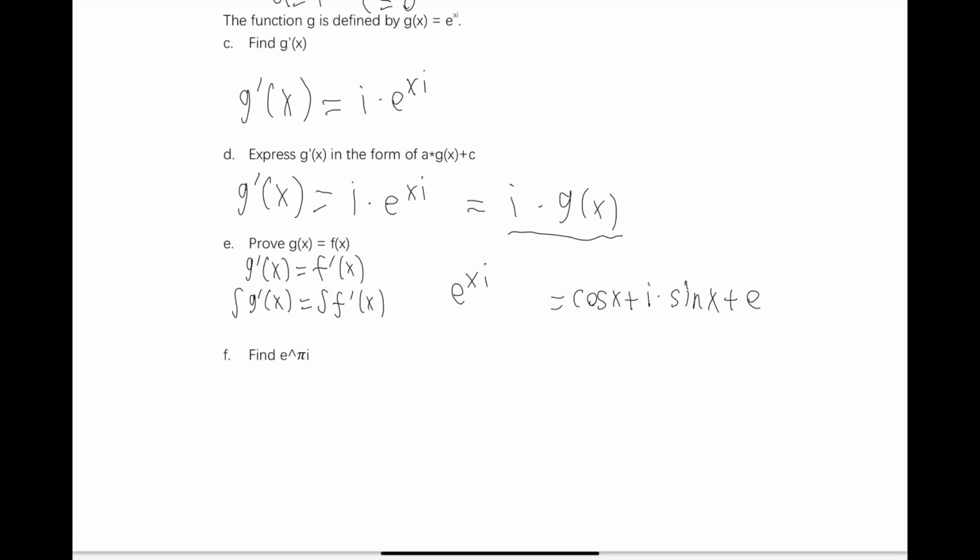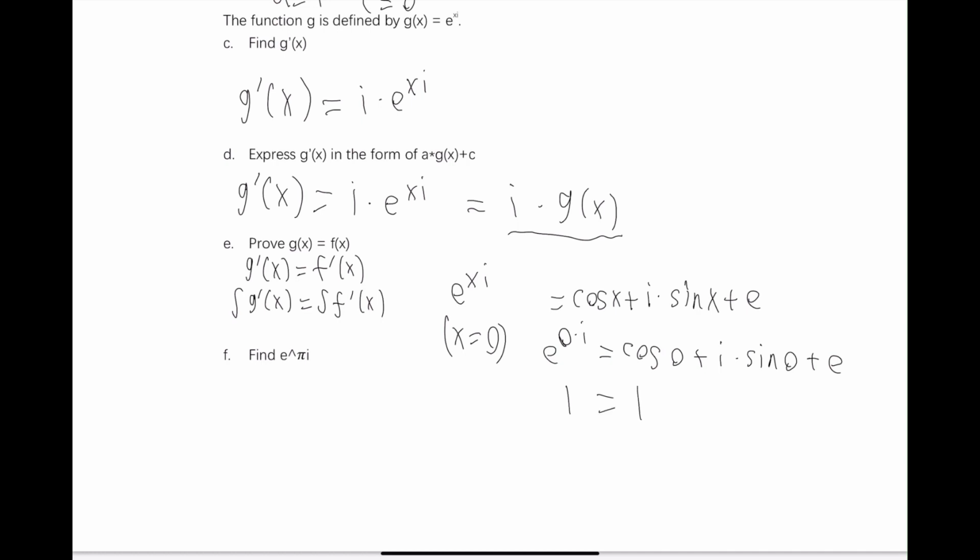So we can set x to 0 and try it. With x equal to 0, e to the power of 0 times i equals cosine 0 plus i times sine 0 plus a constant. e to the power of 0 is 1.